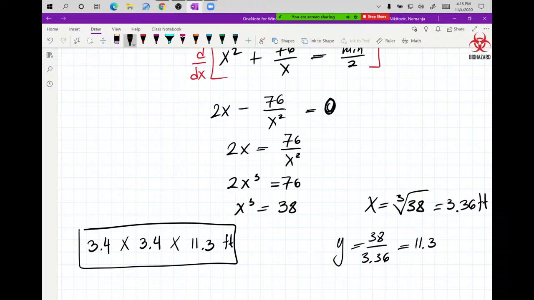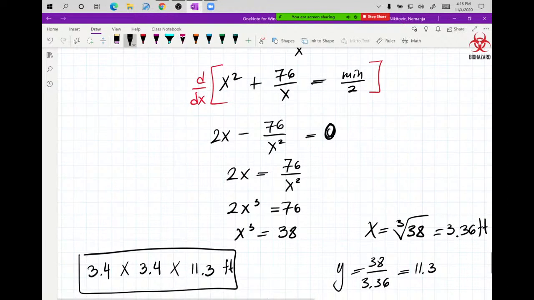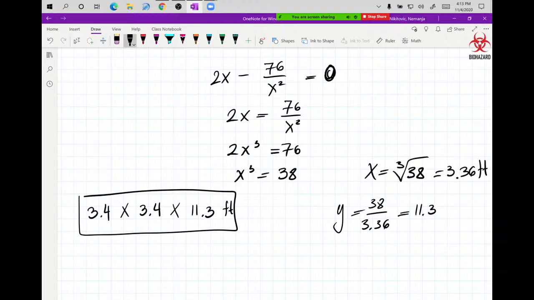And that's that. I guess we could do one more. Something is terribly wrong here, because this is not working out. Oh, it's x squared.